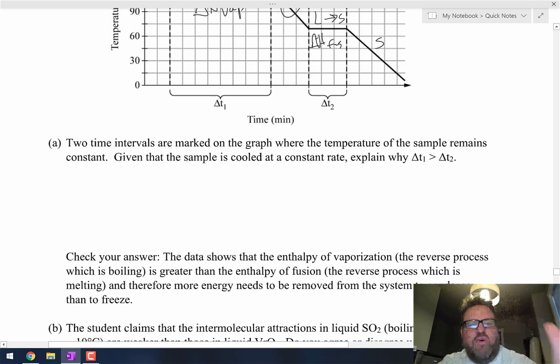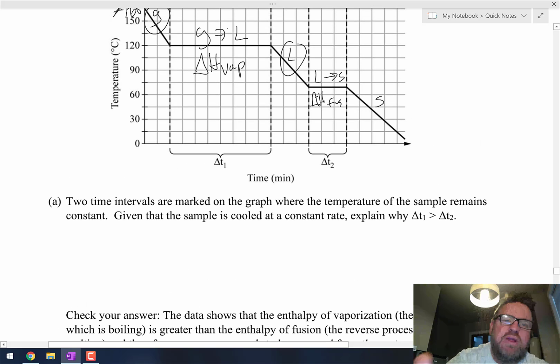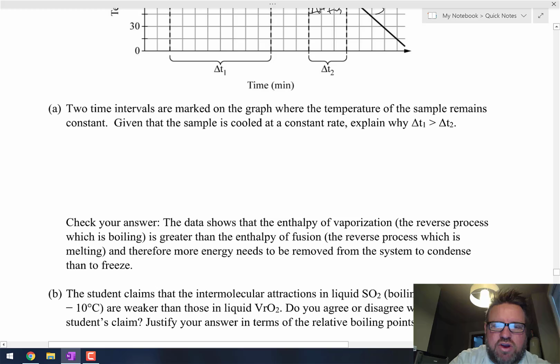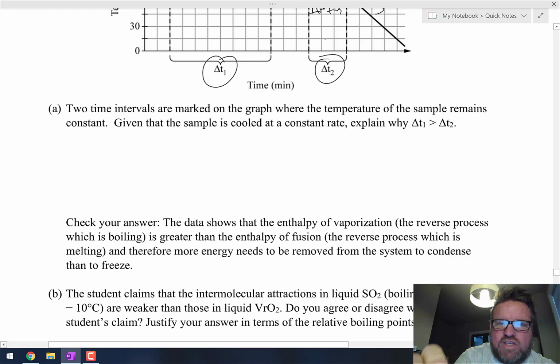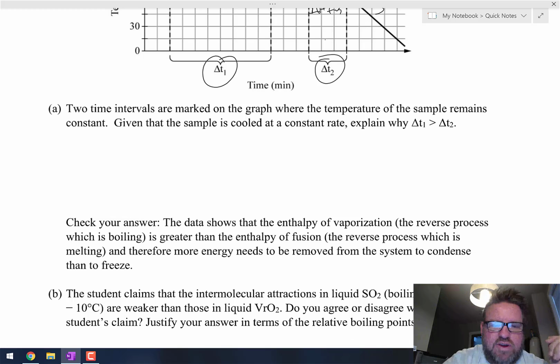And therefore, the reason that has to happen, clearly you have to get rid of more energy in order for that to happen. Okay, and notice that your answer here, you don't even need to explain why. You really just have to say, well, if this one is bigger than this one, then that means that more energy has to be released for that process to occur. And that's all that they ask for you to say there.